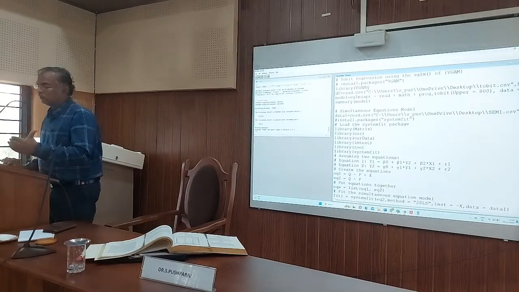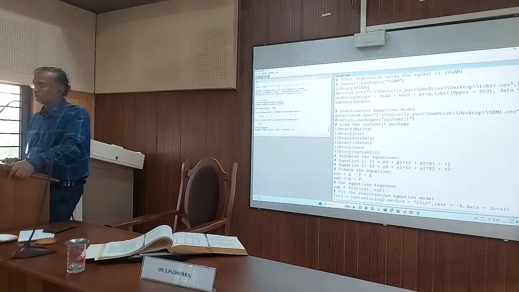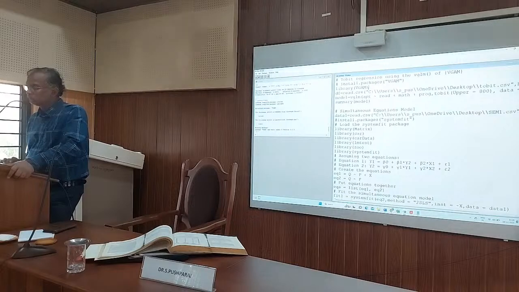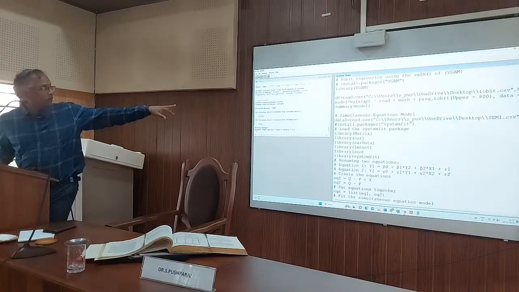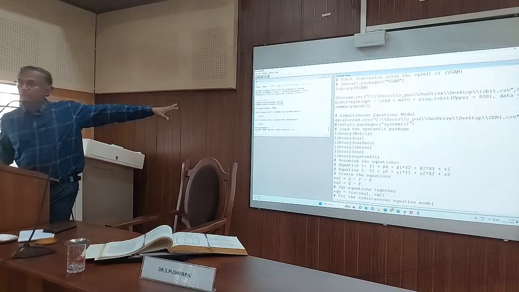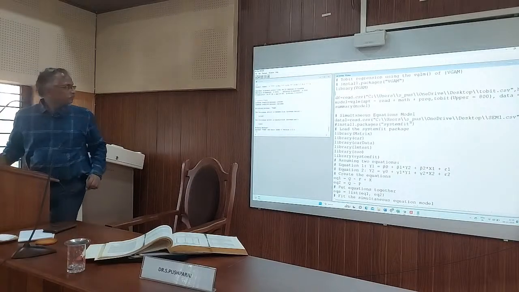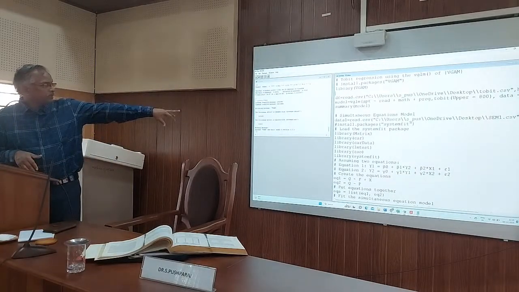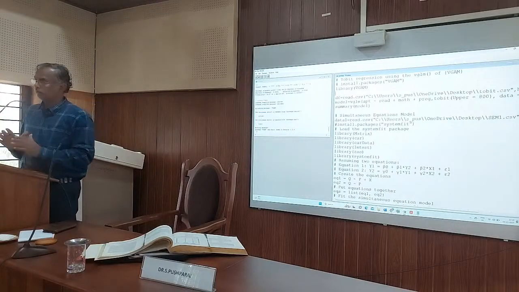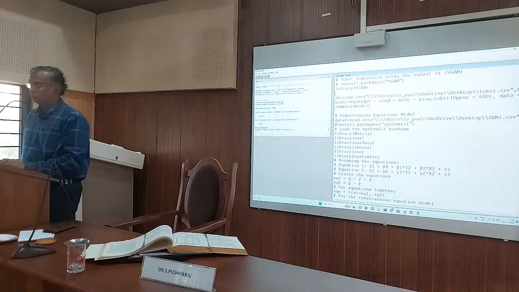Okay, to run this, I have to load some other packages. What are all the packages that I should load? This is the error it's showing. To run this package, it requires the lmtest package and the car package. Both have to be loaded.